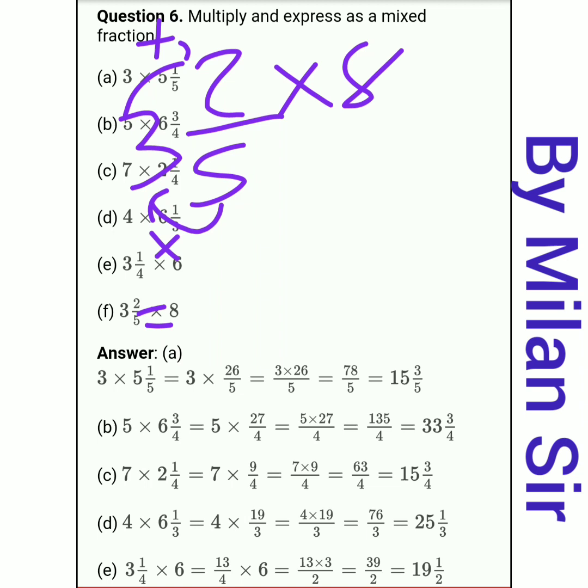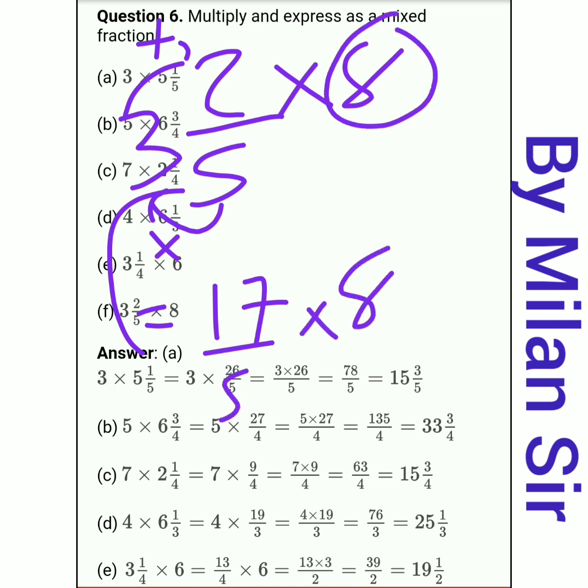So 5 3s are 15 plus 2, it is 17, divide by 5 as it is, multiply this 8 as it is, in the denominator we need to write 1. Okay, now we need to check our numerator and denominator. If anything can be cut, then we need to cut it.